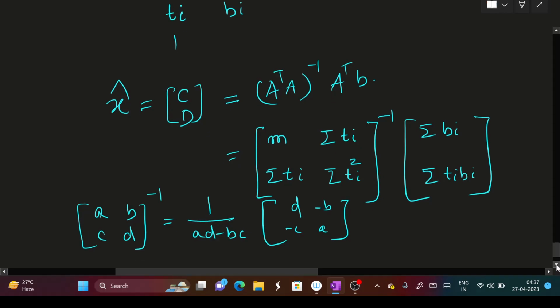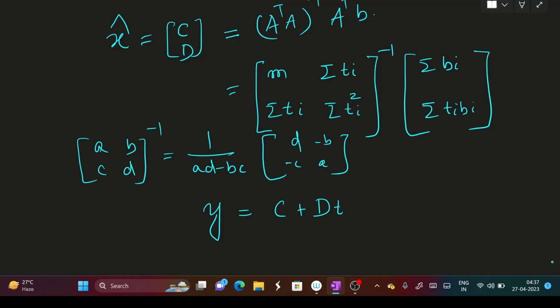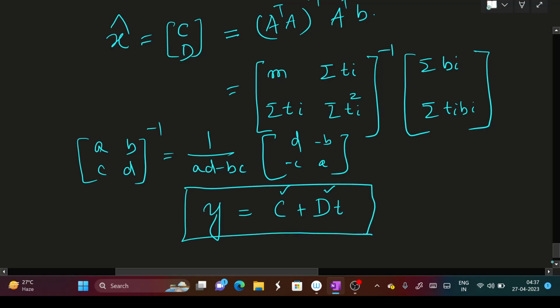Then what is to be written? Either b is equal to, or y is equal to c plus dt. Here the c value we have to substitute, the d value we have to substitute. This is the linear equation. Here if required we can write b or we can write y.